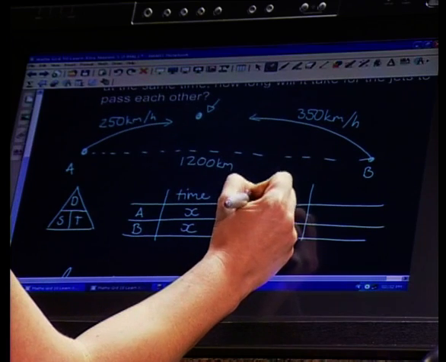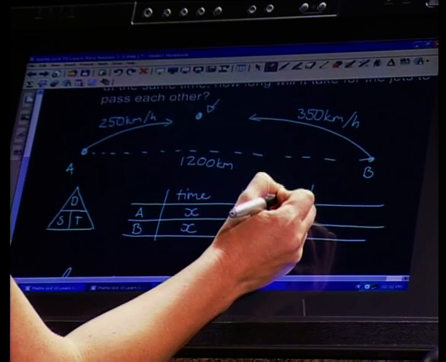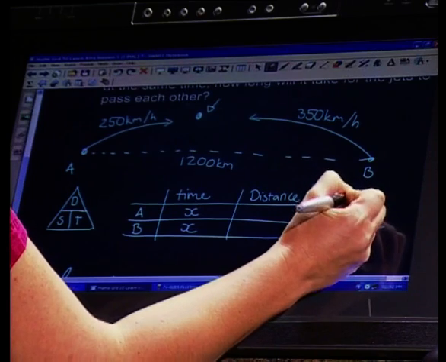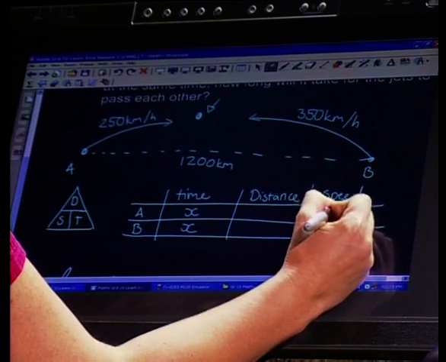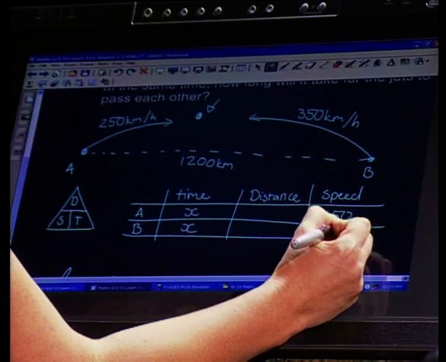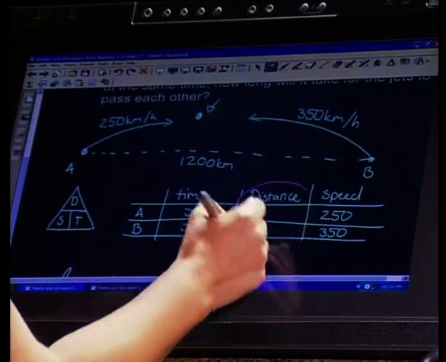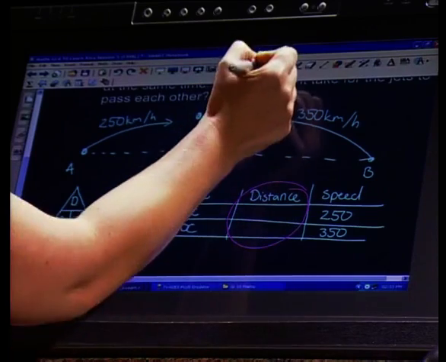The distance is going to be something else. We do know the speed. The speed of plane A is 250 kilometers per hour, and of B is 350 kilometers per hour. Now don't let that sense of panic settle. You need to find out what the distance is, and this is normal.